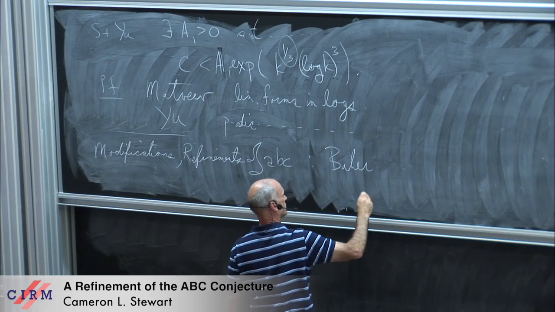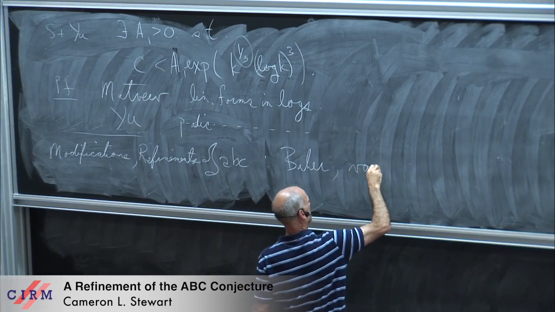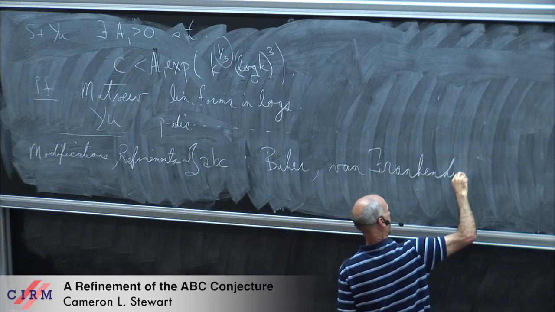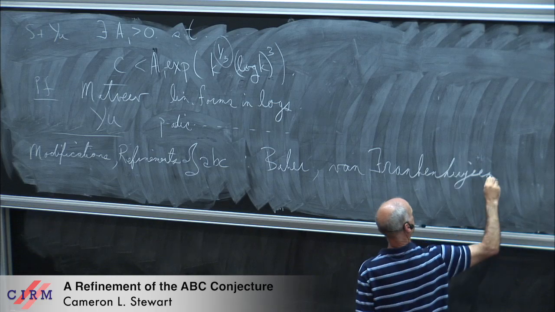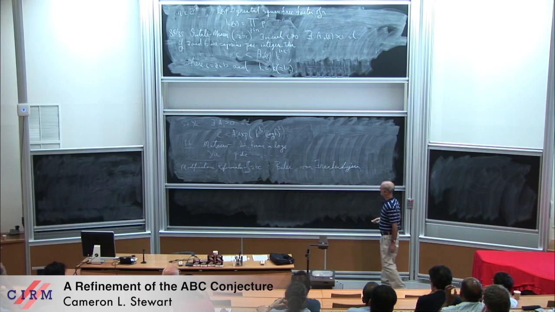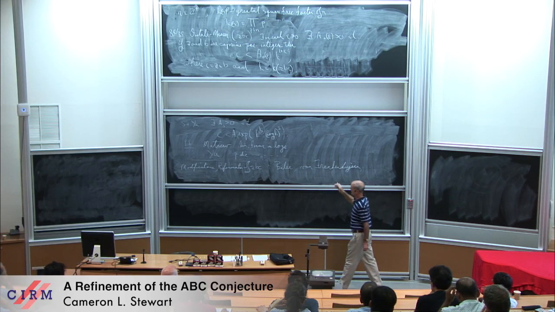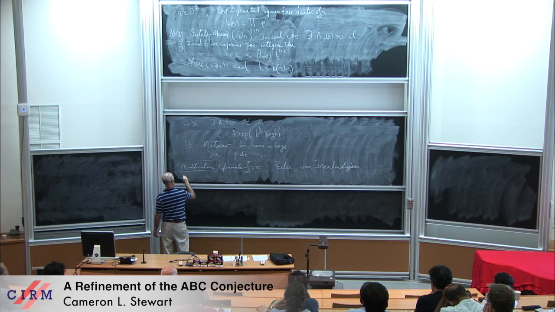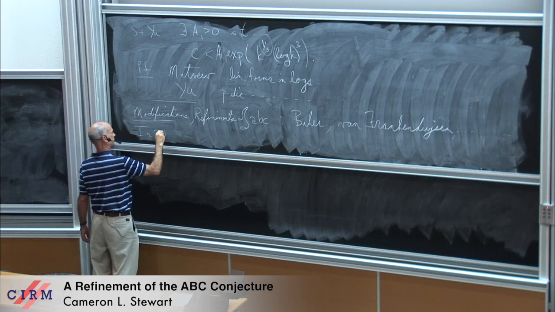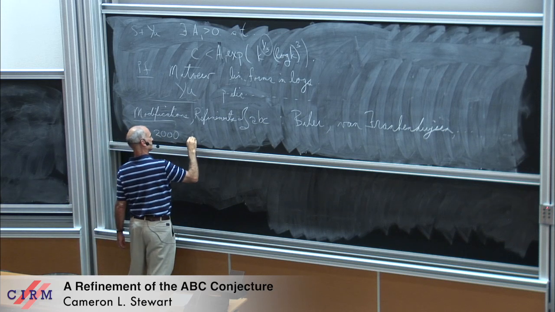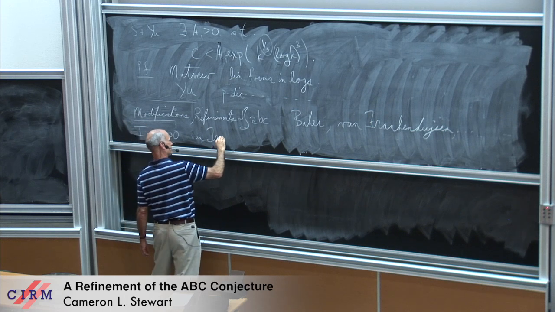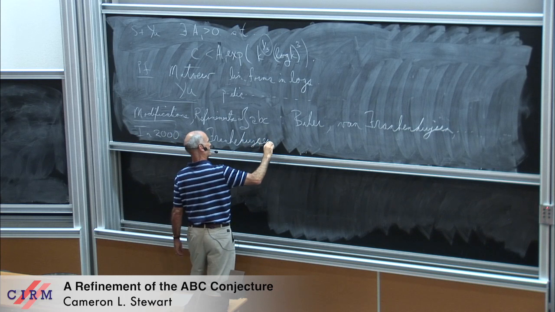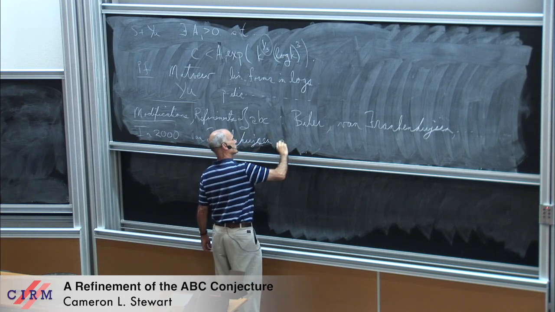Baker has some versions, Van Frankenhuijsen, and others. Let me mention a refinement proposed by Van Frankenhuijsen. So in 2000, Van Frankenhuijsen conjectured the following.